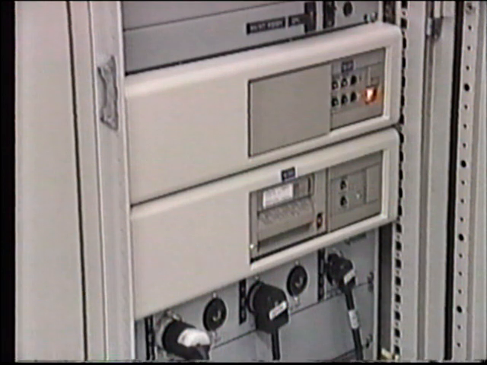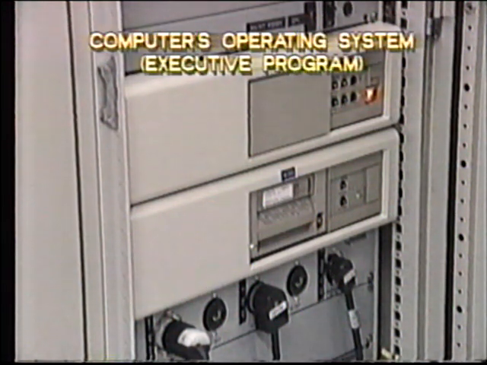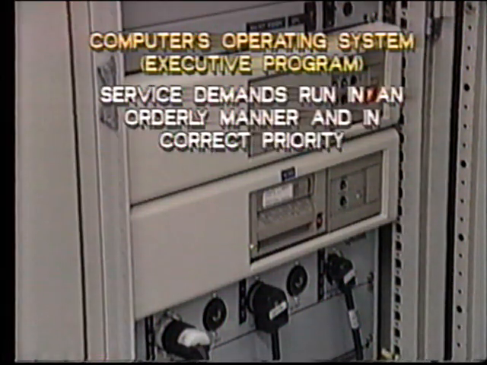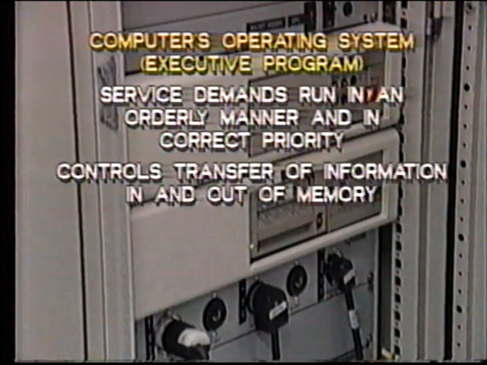Actually, the allocation of computer time and resources is controlled by the computer's operating system, often called the executive program. This program ensures that all demands for service and the corresponding software operation all run in an orderly manner and in the correct priority. It also controls transfer of information in and out of the memory.